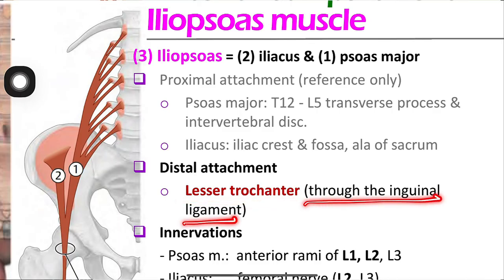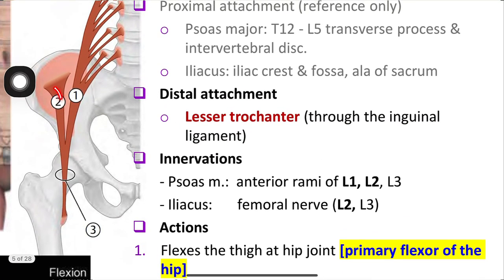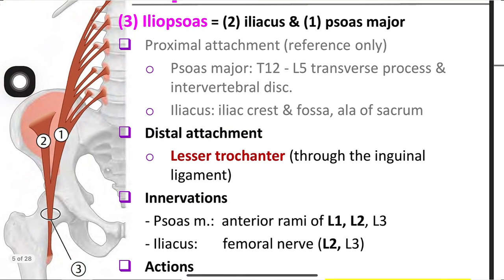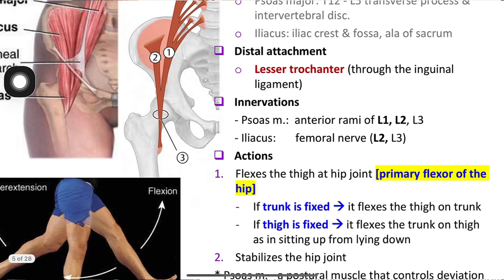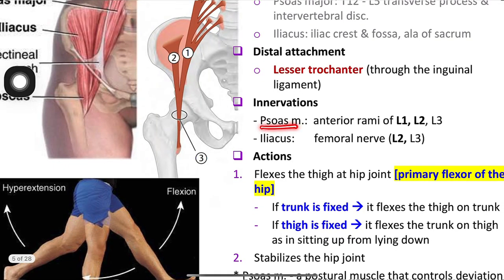So they both have different proximal attachment, but they gradually forming a common insertion point and then attach to the lesser trochanter. Okay, so they are the iliacus as well as the psoas major, because they are quite identical actions that we group together, iliopsoas. So the innervations, the psoas major, iliacus, so all you can see that is L1, L2, and L3.